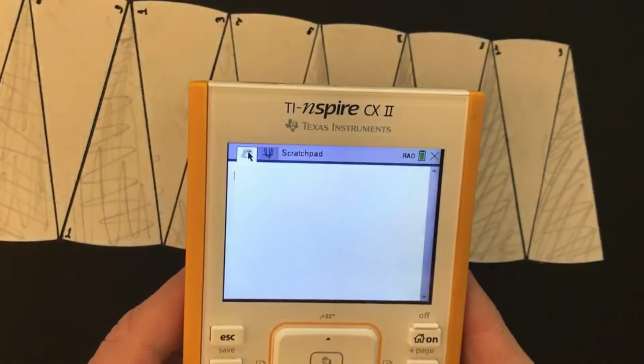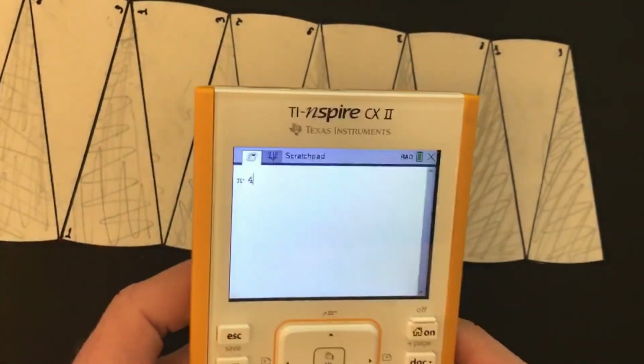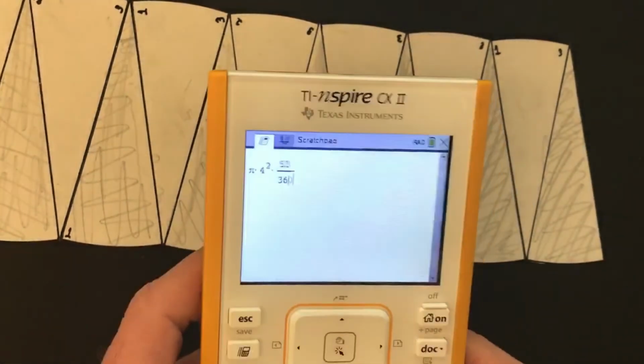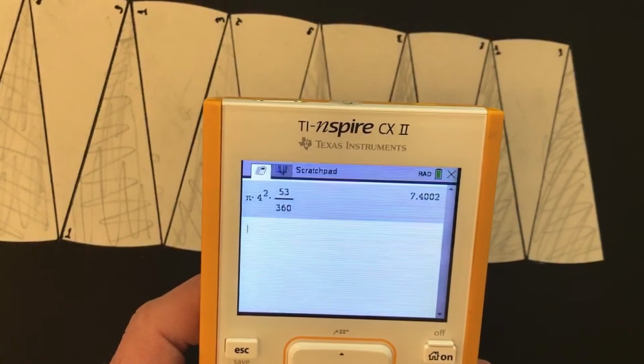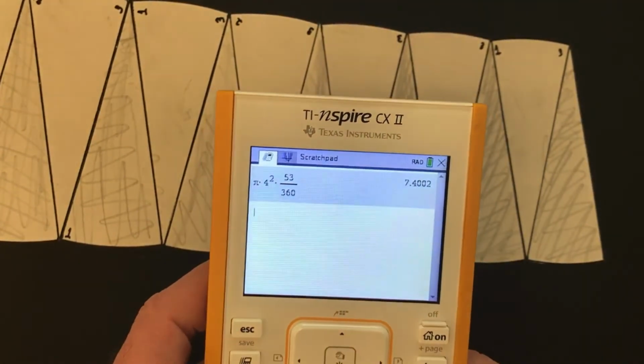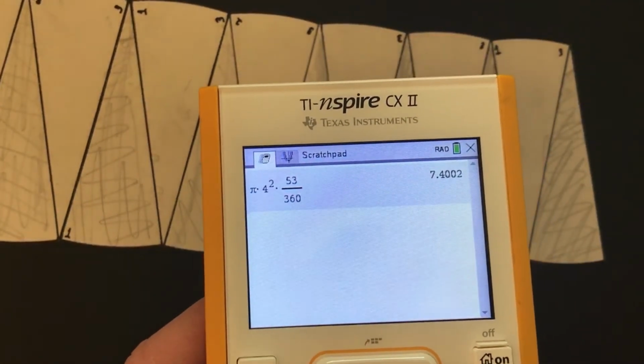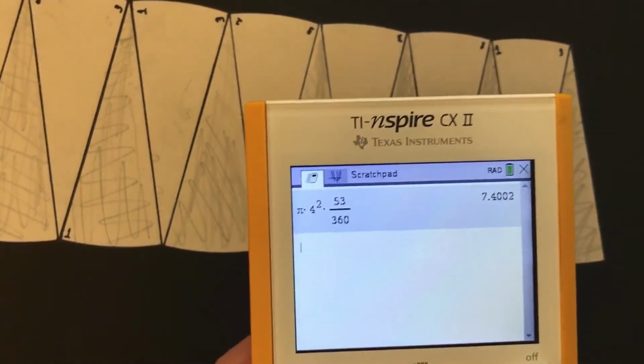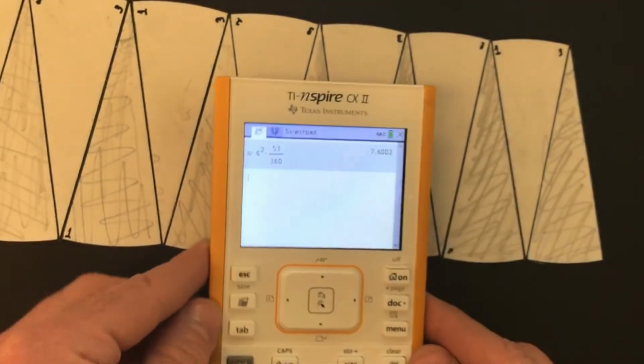All right, so we got pi times 4 squared times 53 over 360. And so that's about 7.4, whatever the units are there, square feet.